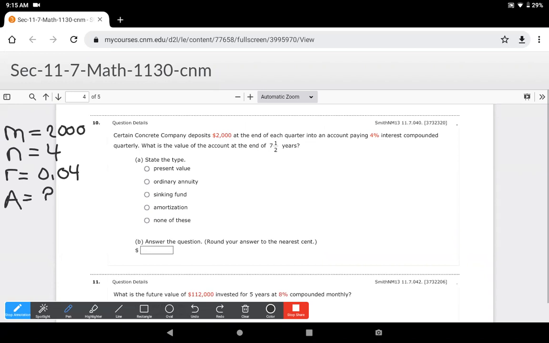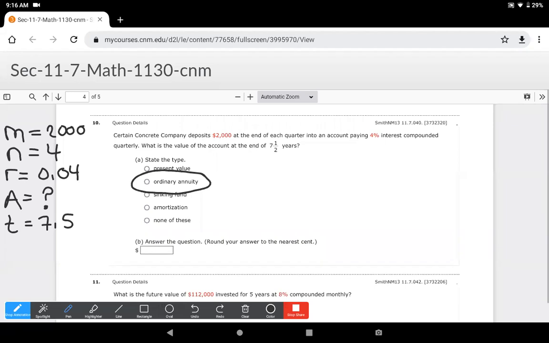So what's A at the end of 7.5 years, right? If we look at our list, there are 2 formulas to solve for A, as long as we're not talking about compounding continuously, which we'll see in the very last question. In one, they give you M, and in one, they give you P. We need A, and we have M. So this is an ordinary annuity.